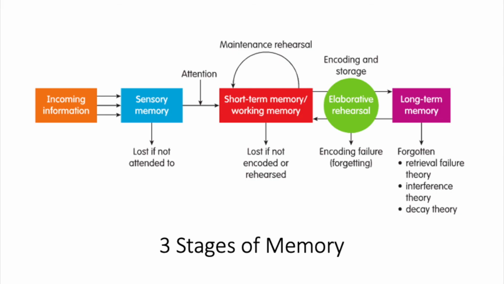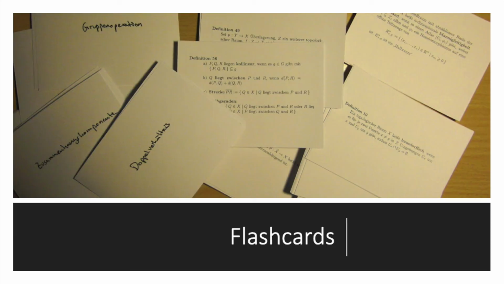So what is the correct way to study to ensure correct information processing? As you read, you should be thinking about the material and actively engaging with it. This takes the information from sensory to short-term to long-term memory. Then, you need to practice recalling this information often. You can use flashcards, but you need to use them correctly.